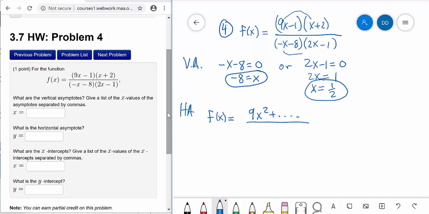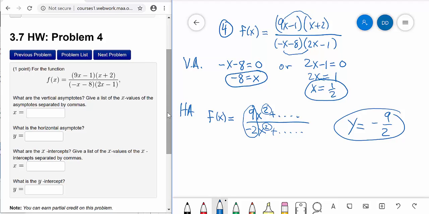In the denominator, I would multiply negative x times 2x, and this would give me a leading term of negative 2x squared. So we see that the numerator and denominator both have degree 2, so the horizontal asymptote will have height 9 over negative 2. So we use the ratio of the leading coefficients to find the horizontal asymptote.